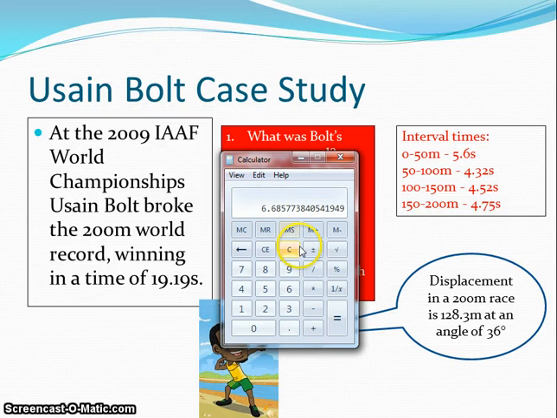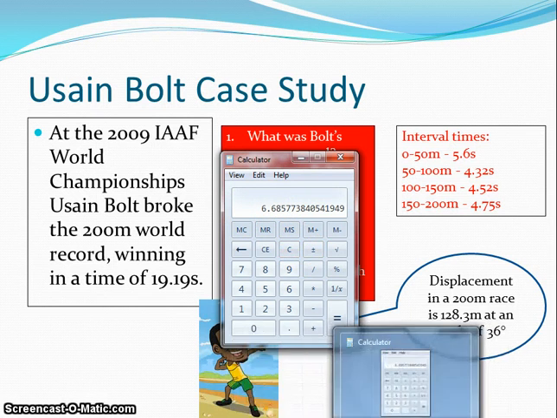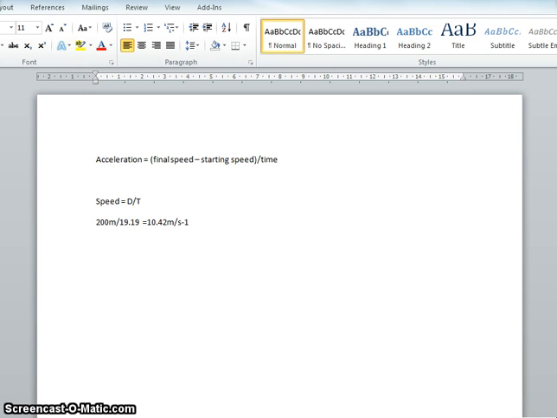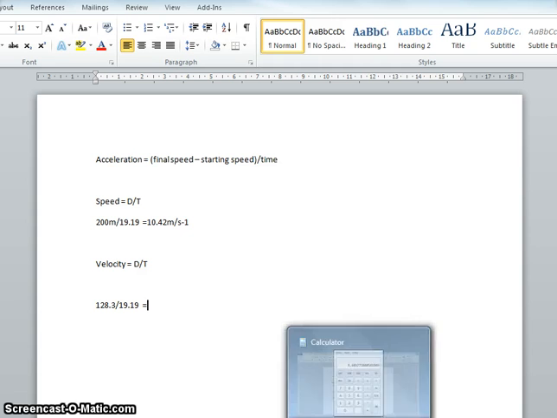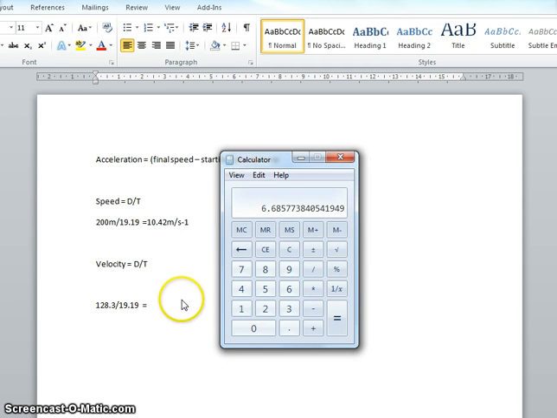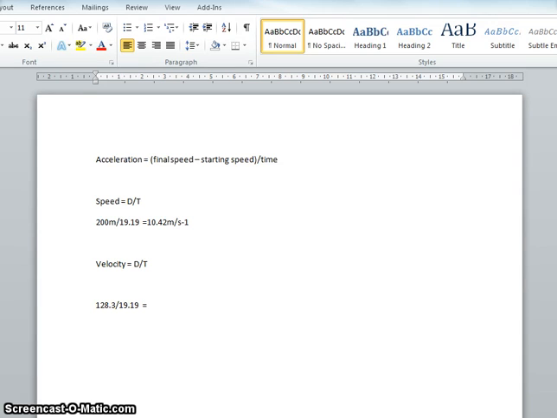So if I go back to our Word document, velocity equals displacement over time. So that was 128.3 divided by 19.19, and let's just double check on the calculator, that equaled 6.69, and that would be meters per second to the minus 1.